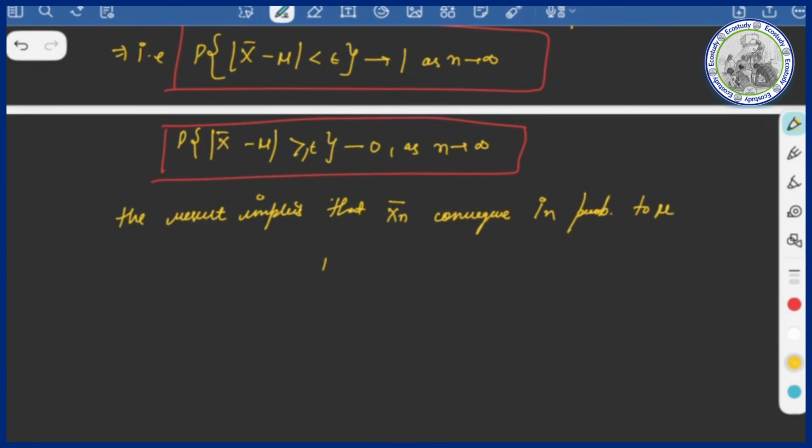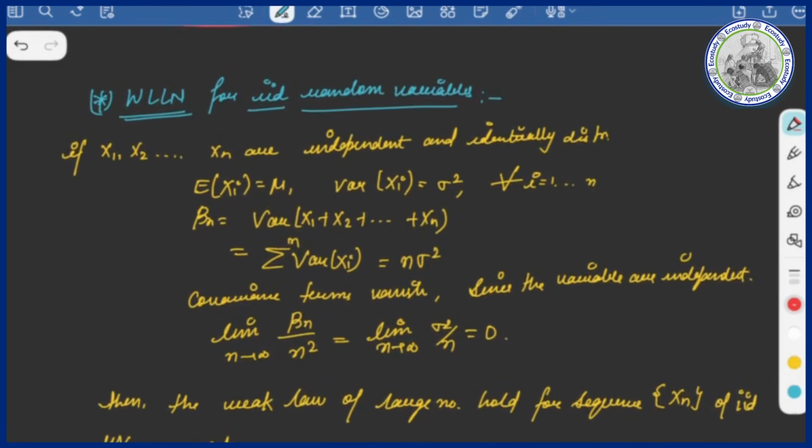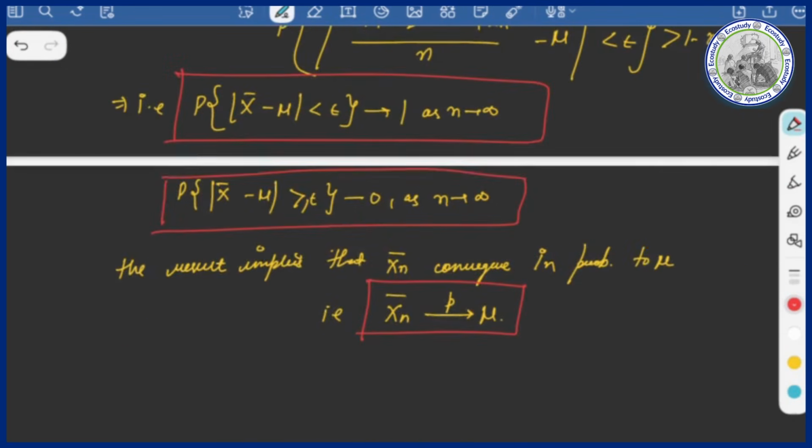Let me write it in formula: Xn bar converges in probability to mu. That is what the weak law of large numbers means. So this is the weak law of large numbers for independent identically distributed random variables: the sample mean tends to the population mean.